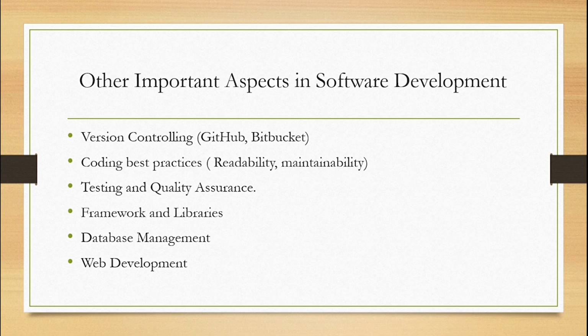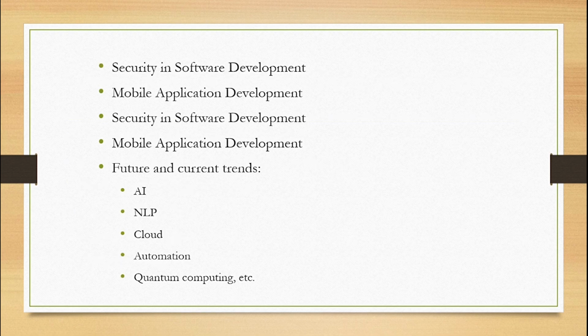Let's move forward and see some more aspects of software development. Security in software development. Whenever we are developing something, if the security of that data is compromised, then the business won't benefit from it. Rather, it will be a blocker for the business.